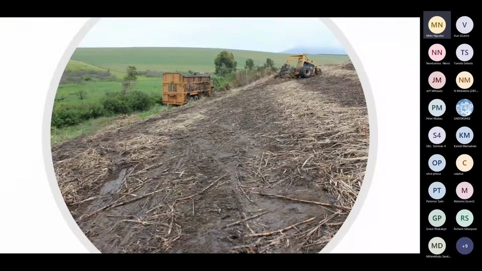Also, when you cut your sugarcane, you need to top at the right topping height. You don't top too high, because when you top too high, it means you'll be sending in sugarcane which will be full of cane tops. That will actually decrease the RV, which is your recoverable value of sugar that you'll get in the mill.